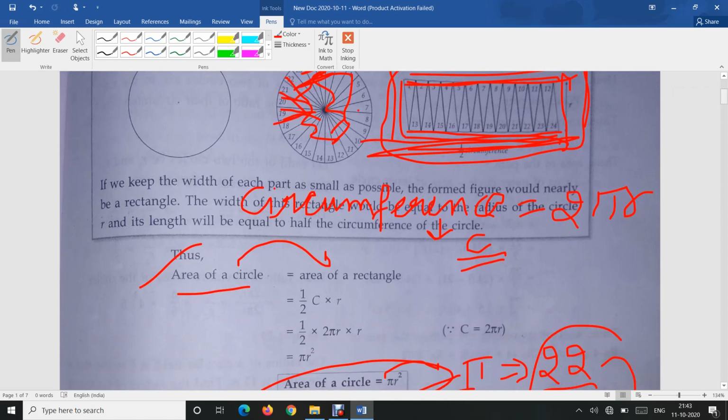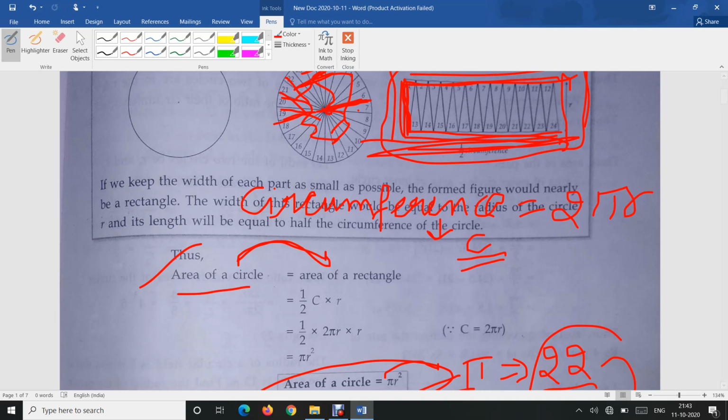Now similarly we can say that the area of the circle is equal to the area of the rectangle, because the width of the rectangle would be equal to the radius of the circle. From here to here, this will be the radius of the circle, and this line is the width of the rectangle.